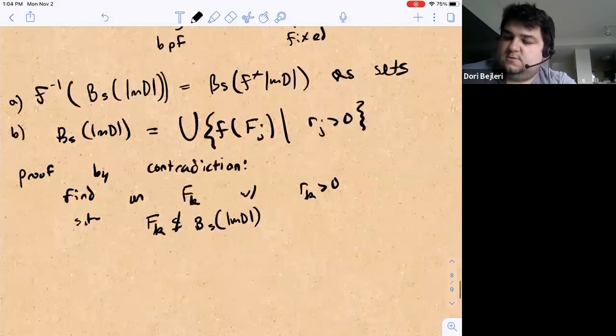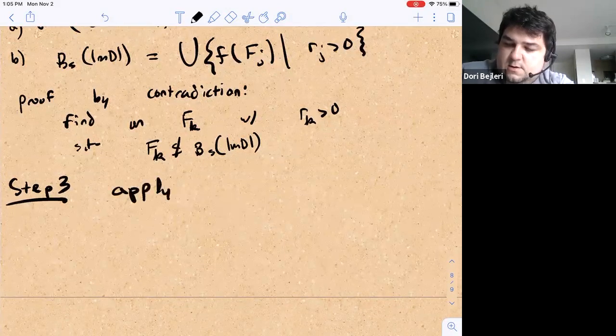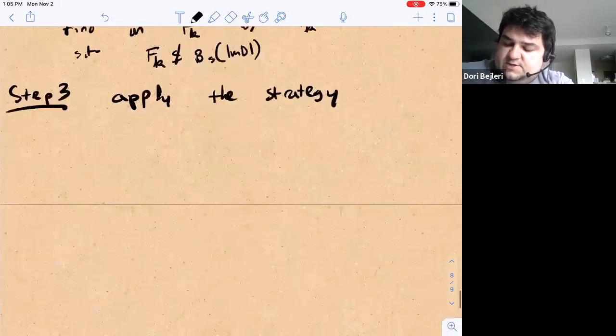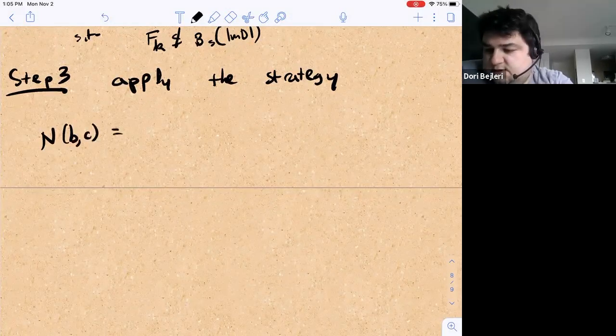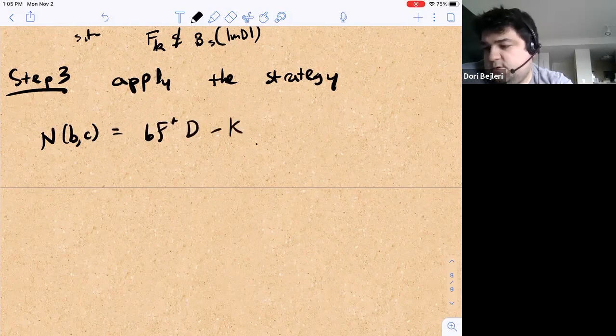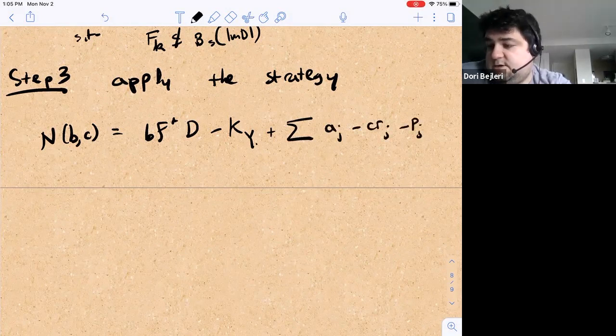Okay, so now we'll write down the appropriate divisors for our strategy. So that we have this N, just like before. It was b times f upper star D minus kY plus the sum of (aj minus c rj minus pj) Fj.